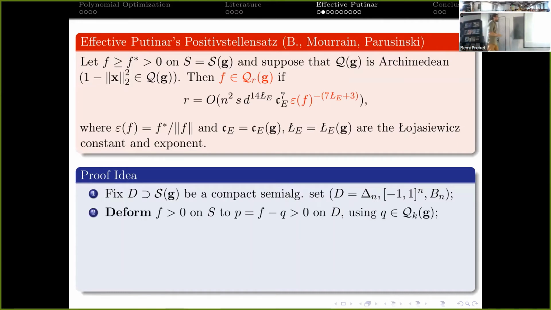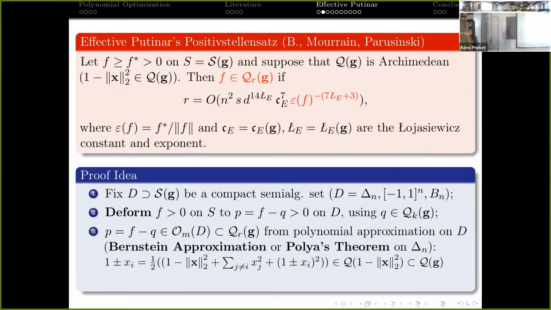What we want to do is to deform f, which we know is strictly positive on S, to be strictly positive on D using some Q, and this deformation Q needs to be in the truncated quadratic module.